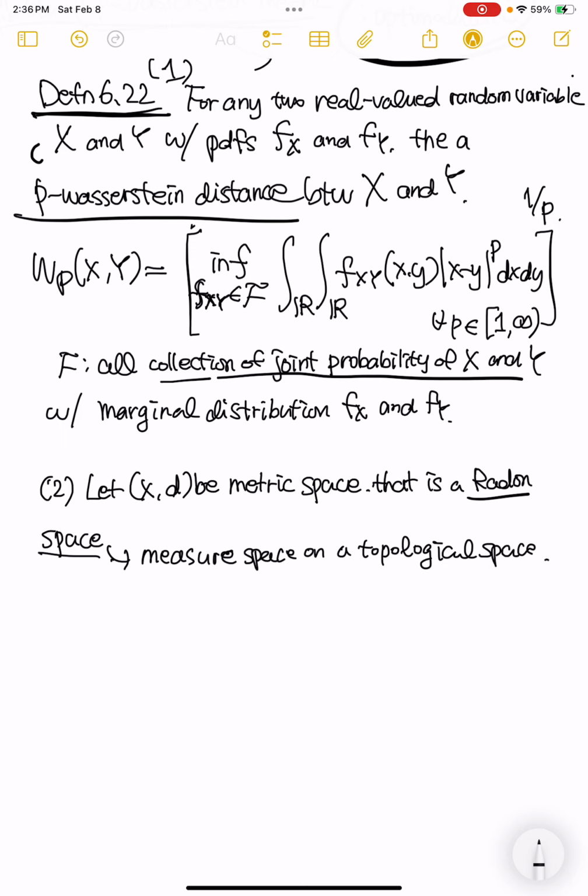As we saw in the previous definition, if a topological space is given, we can define a Radon measure space.